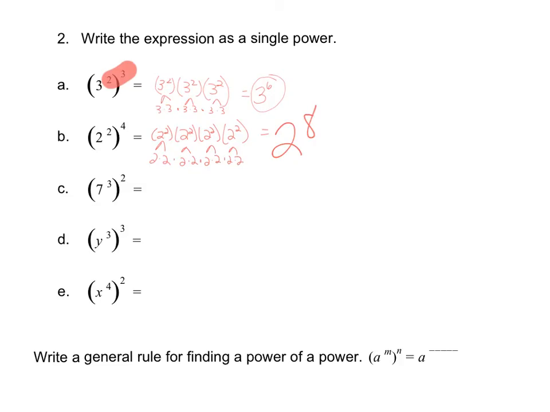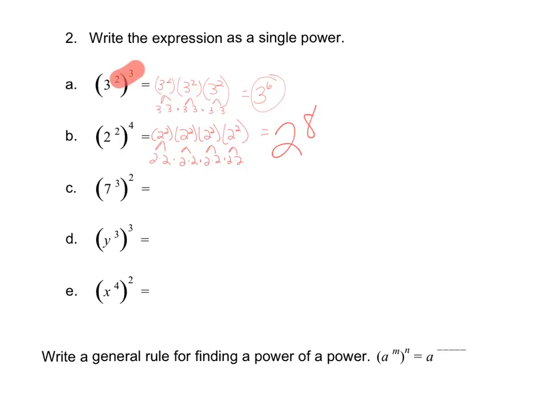All right, so then if we just kind of continue on, this next one, C, is going to be 7 to the 6th power. Our next one will be y to the 9th power, and then our final one will be x to the 8th power.